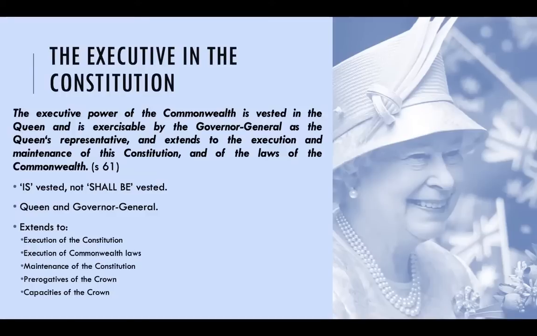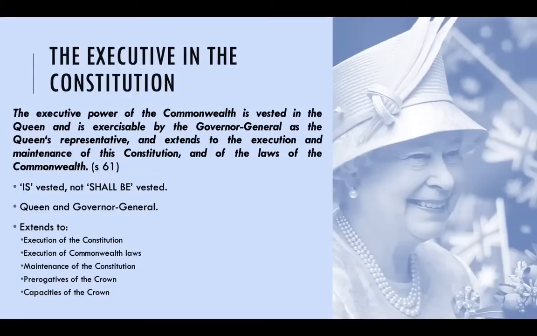It just says that it extends to those things. There's no other direct reference to what the executive can do. But it does imply that there are other powers beyond the execution and maintenance of the Constitution and the laws of the Commonwealth that can be exercised by the executive. It does not limit it, but it does imply that the executive has authority over other matters.